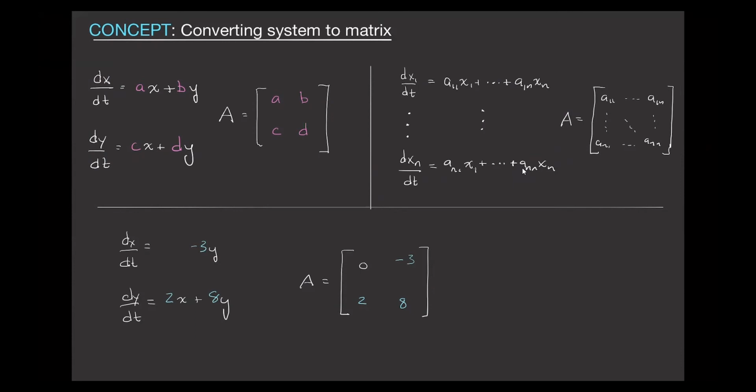And then you just extend the notion of finding eigenvalues and eigenvectors of this. But once you've done this, whether it's 2 variables, 2 equations, or n variables, n equations, once you've found the eigenvalues and eigenvectors, you want to consider what form those eigenvalues come in. Are they real? Are they complex?